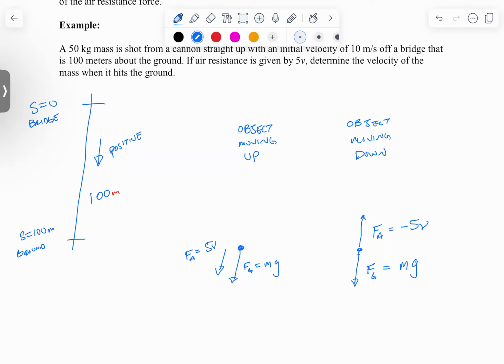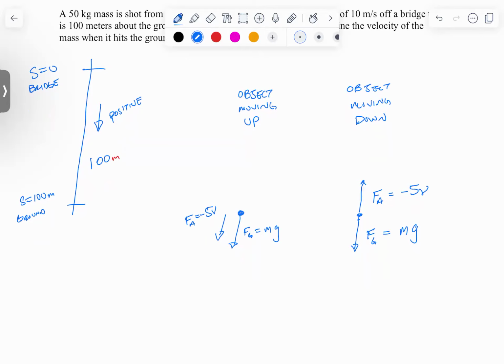Air resistance by definition is always contrary to whatever direction the object is moving, so it's negative. MG is still heading in the positive direction. Air resistance is only negative because it's going in the opposite direction of the object.